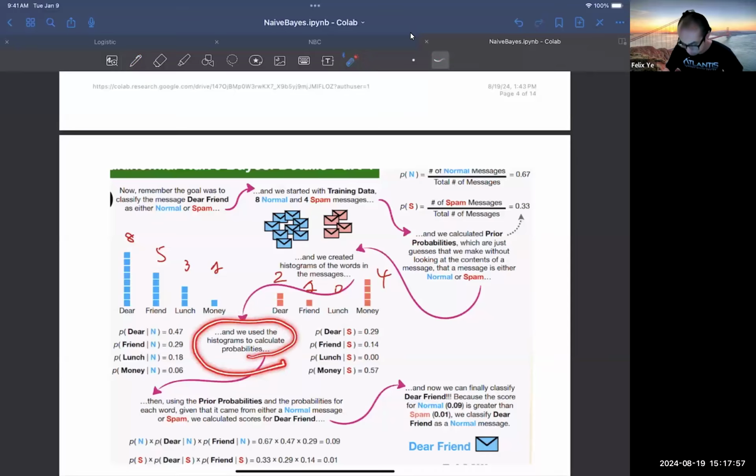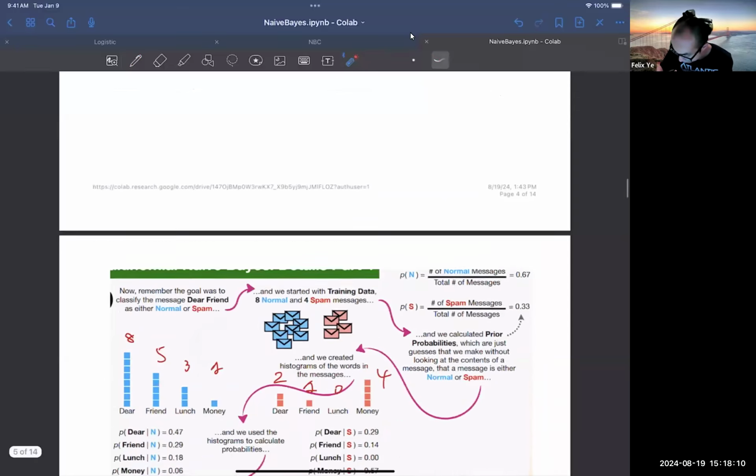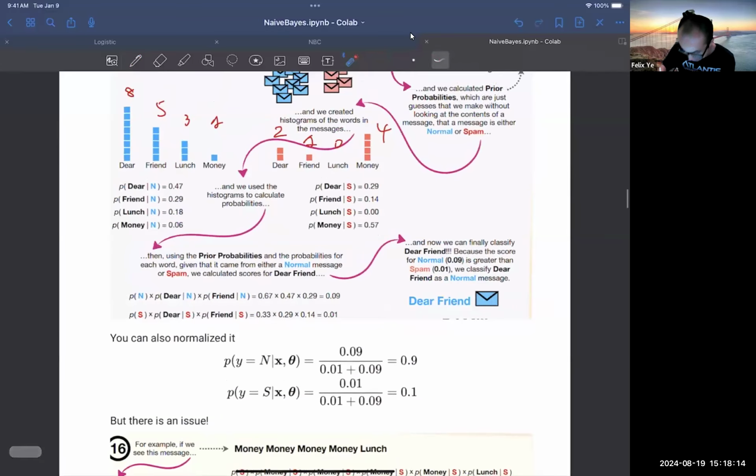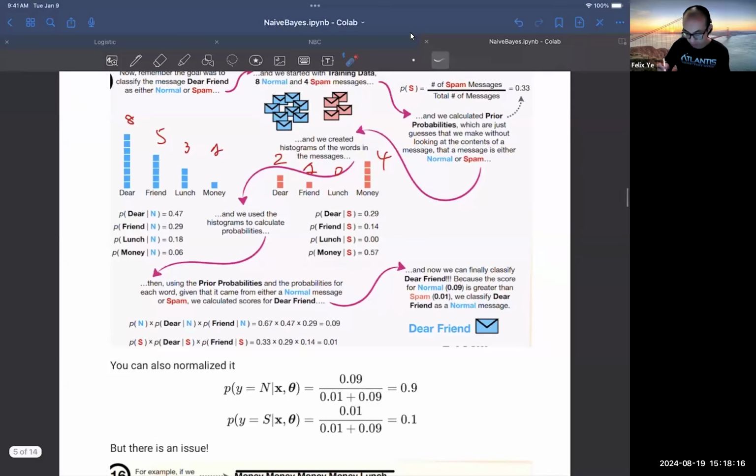So from the histogram, we can calculate, conditional on the message being spam, the probability of having "dear." We can use all this information to calculate the probabilities here.